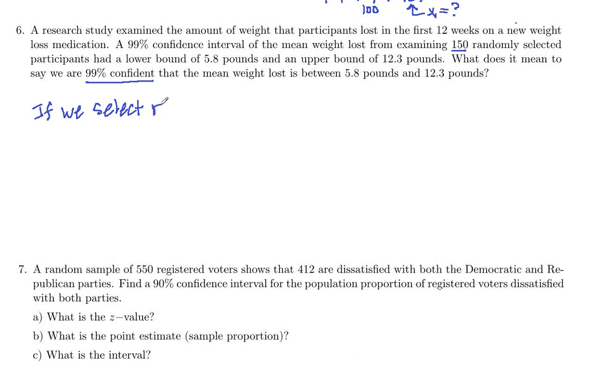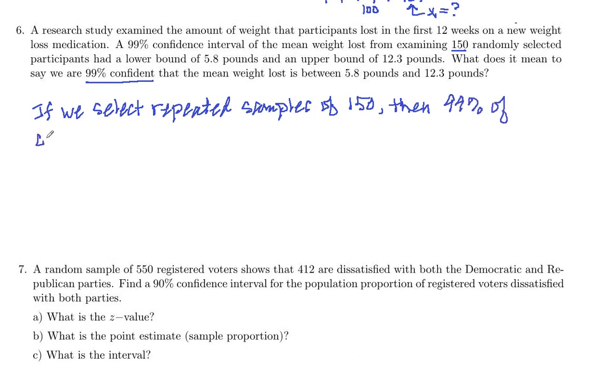So if we select repeated samples of size 150, then 99% of the confidence intervals obtained from those.